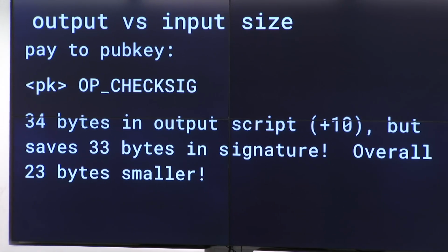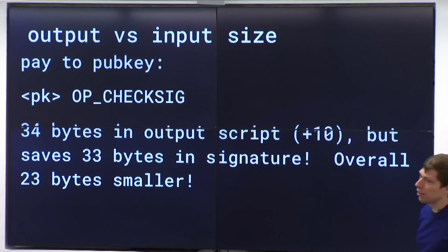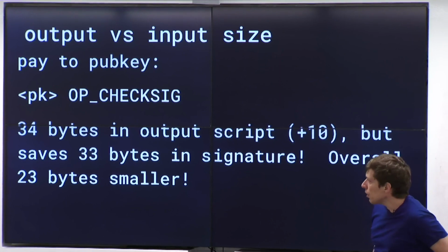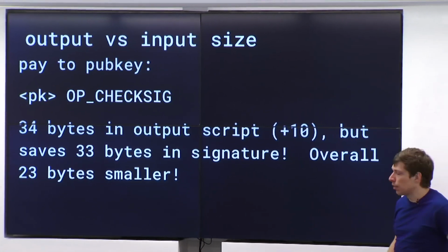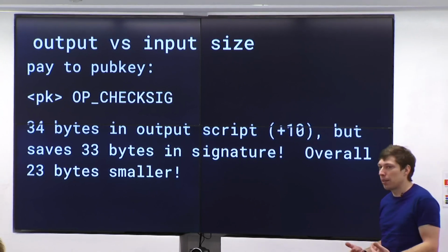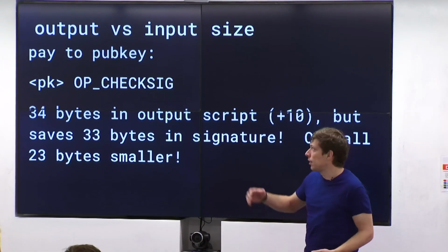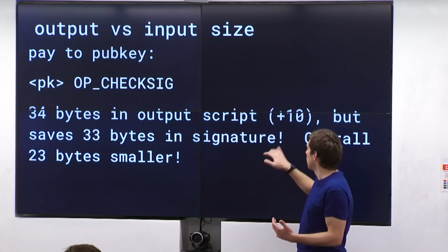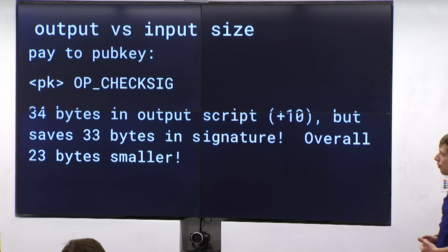It's really simple, and it actually saves space, right? Your pub key is 33 bytes, whereas your pub key hash is 20 bytes. So yeah, the pub key hash is 12 bytes smaller, plus the extra opcodes makes it 10 bytes savings for the output script, right?